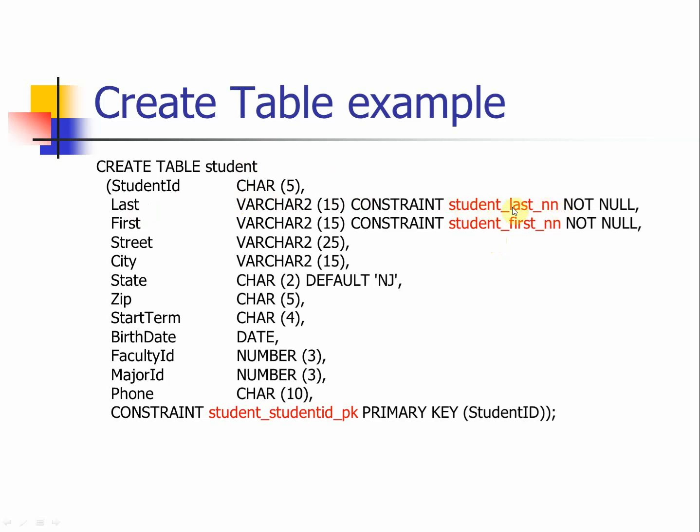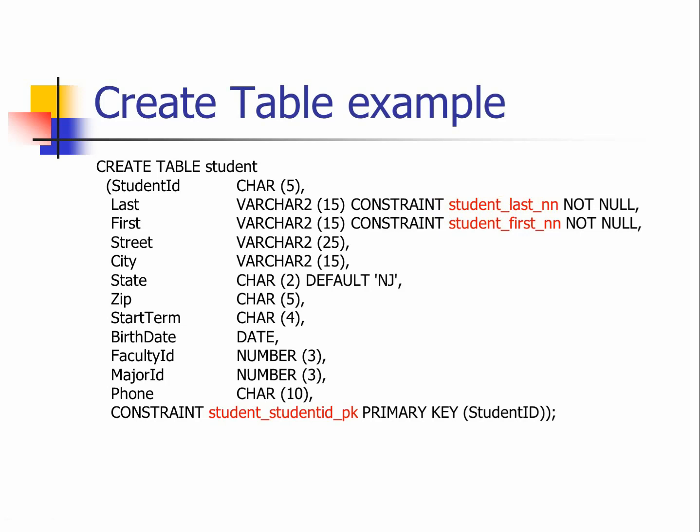You need to understand, again, this is only a name. You can put your name here. You can put cat, you can put dog, whatever you want, because that is the name that we want to give to the constraint. Later, you can list out all the constraints in the database that you created to search for the information.